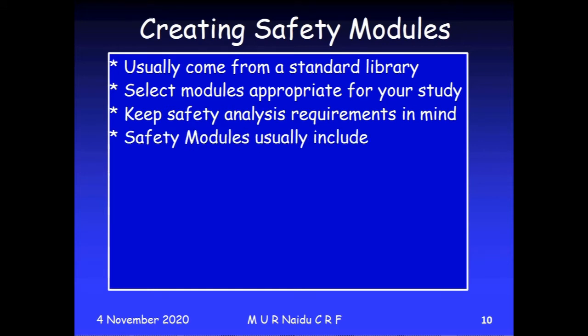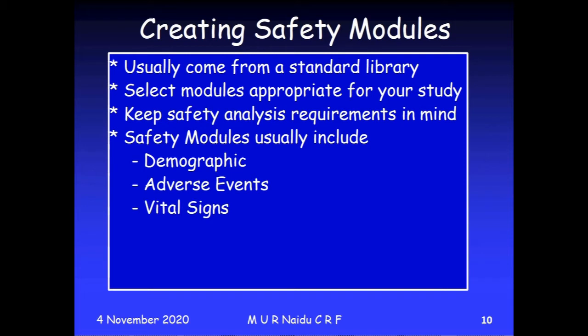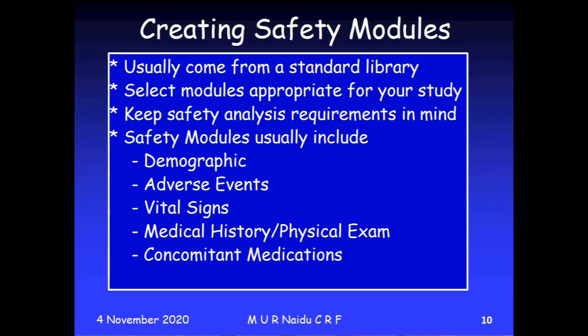The safety module usually includes, number 1, demographics. What is the age of the individual? What are the various adverse events which are possible? There must be a very good checklist. Vital signs: all the vital signs which are necessary to be recorded have to be put in the safety module. Medical history and physical examination are very important components of the safety module, and the concomitant medication.